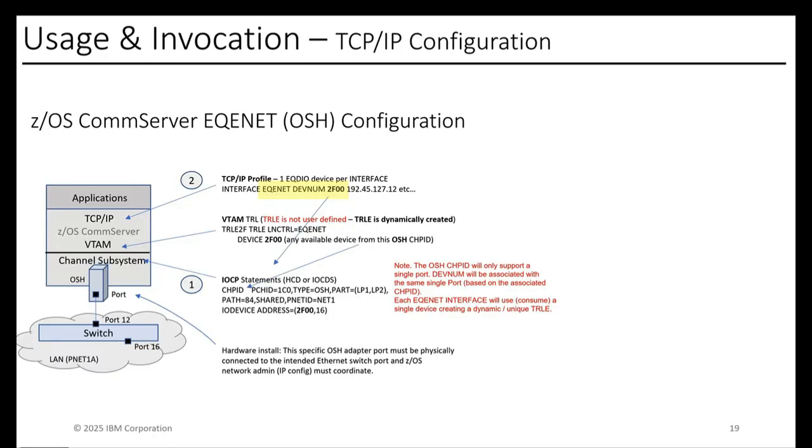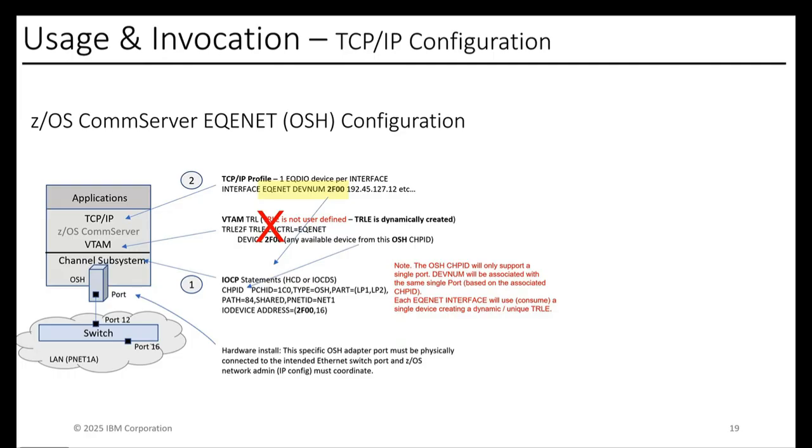Okay, so now in a new world with Enhanced QDIO Ethernet, for the OSH configuration, you still start in IOCP or HCD to configure your OSH devices. In this case, the system admin set up 16 devices starting at 2F00, PCHID 84, or chiplet 84. And the nice thing here is that you don't need a VTAM TRLE anymore. It's still there.